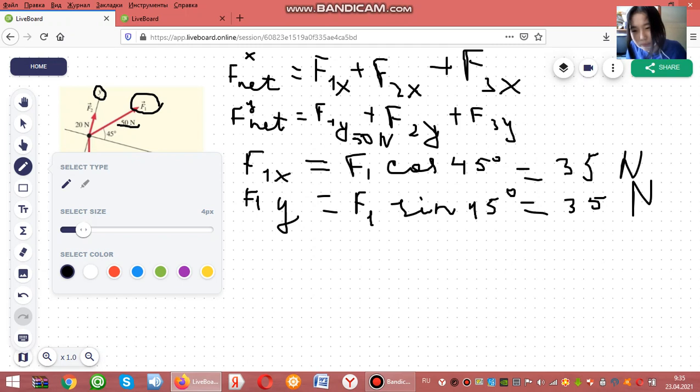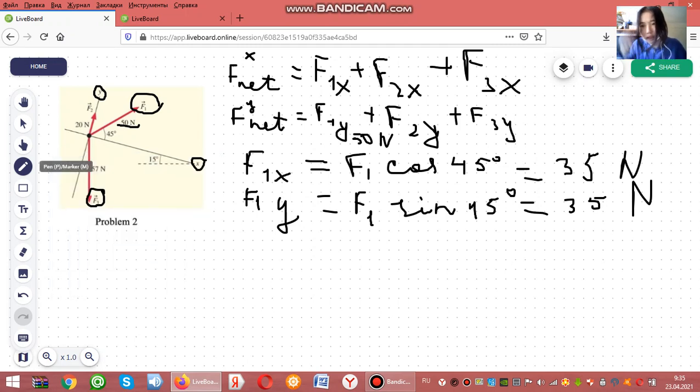Okay, and let's move to the F2 second force. Second force is much easier. Why? Because it is pointing along the y-axis, as you can see.